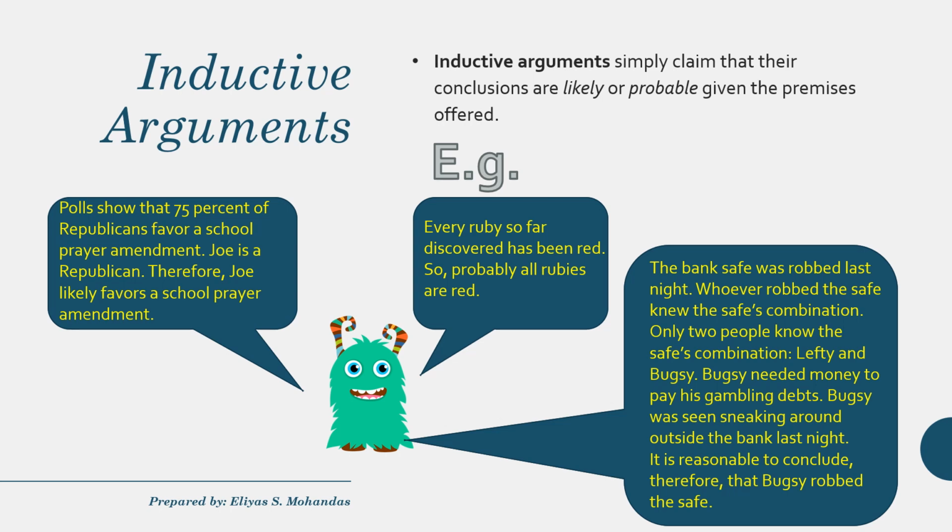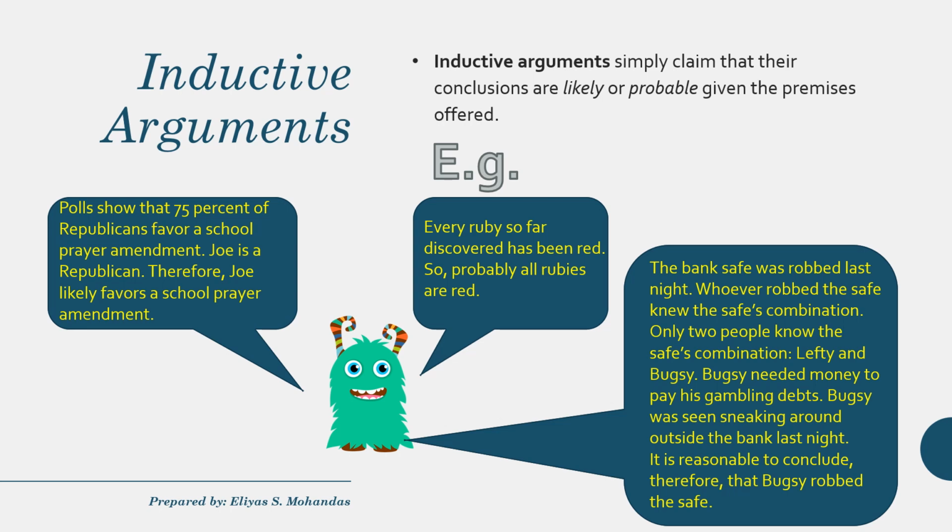Now let us look at the last example here. The bank safe was robbed last night. That is your first premise. Whoever robbed the safe knew the safe's combination. Second premise. Only two people know the safe's combination: Lefty and Bugsy.